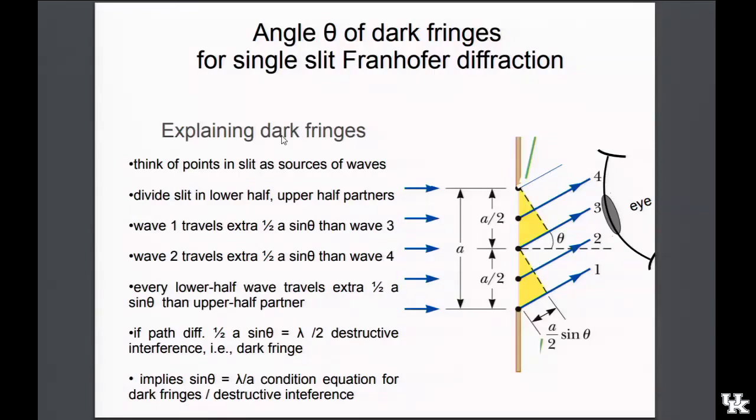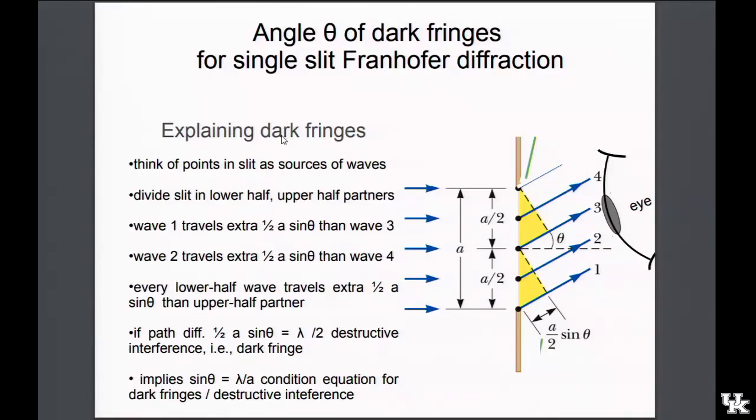The understanding of the diffraction pattern is based on every one of those points being a source or an origin of lots of little semicircular or hemispherical wavelets of water waves or sound waves or light waves emerging from that slit. So each of these points is a source of wavelets heading out, moving away towards the right.